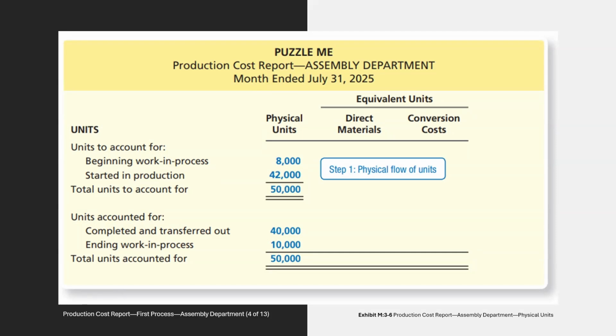So step one is the physical flow of units, as you see here in the production cost report: Puzzle Me, production cost report, assembly department, month ended July 31st, 2025.